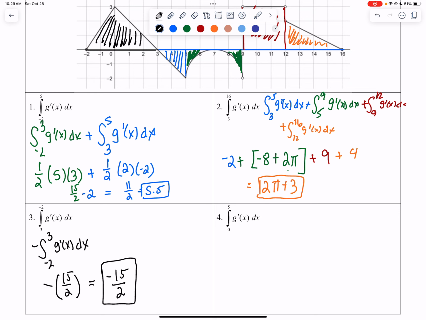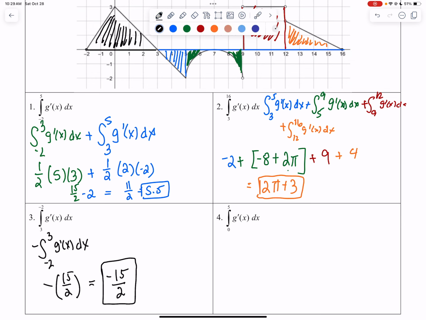Now, you might think, well, this area is above the x-axis. You are correct that it is above the x-axis, but because I have a property, I was initially going from right to left right here, this would represent a negative area if I were to go from right to left. So that's why this right here is -15 over 2.